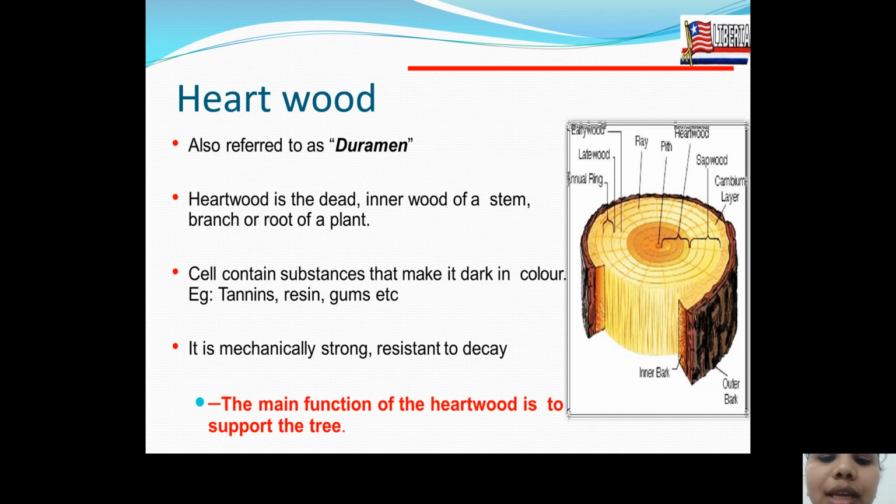This heartwood is dead material, and it is dark in color. This consists of many substances like tannins, resins, gums, and they have commercial value, and it gives mechanical support to the plant. Now, the main function of the heartwood is to provide support to the tree itself.